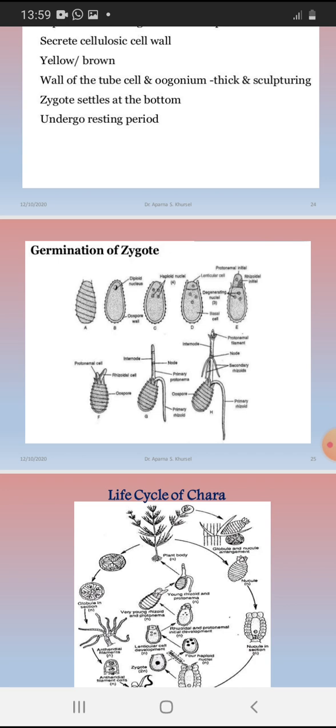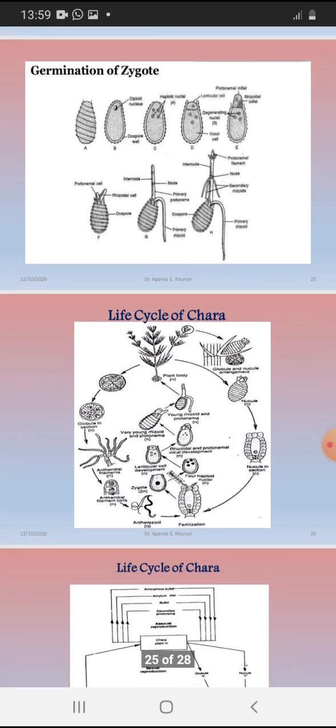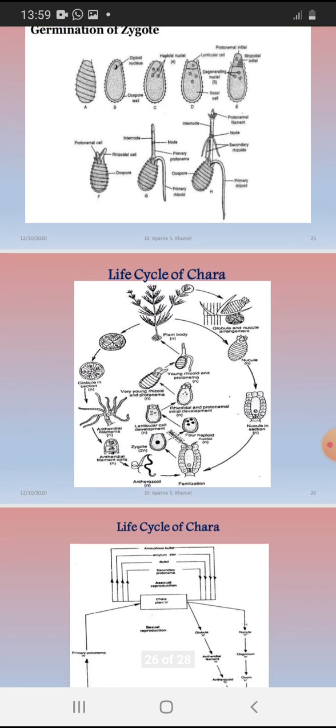The rhizoidal initial finally germinates into the rhizoids, whereas the upper primary protonema germinates into main axis of Chara. In this way, the germination of oospore takes place.